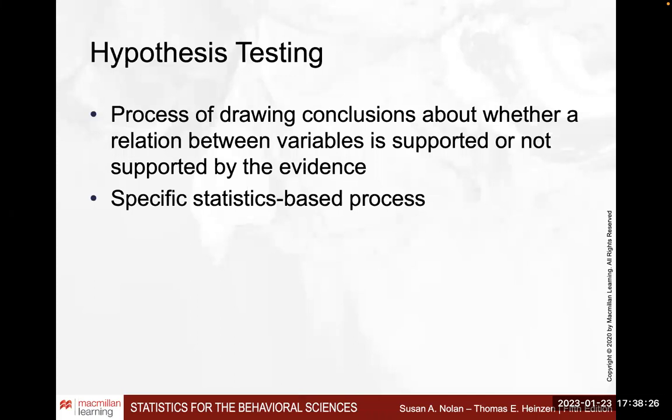That's what you essentially do. You quantify a probability of being wrong when you assume there's a difference. So that's hypothesis testing. You're drawing a conclusion whether a difference in your dependent variable, in the light of different levels of the independent variable, is supported by your data or not. And for that, you use statistical methods to test that.